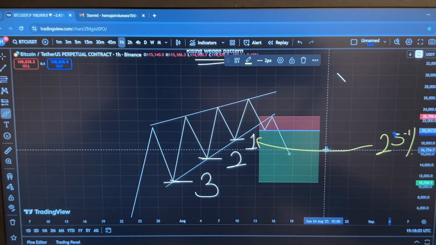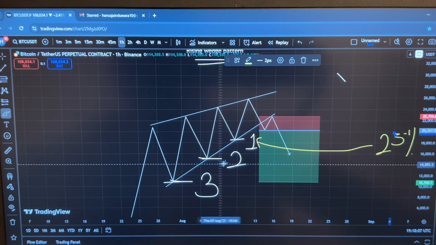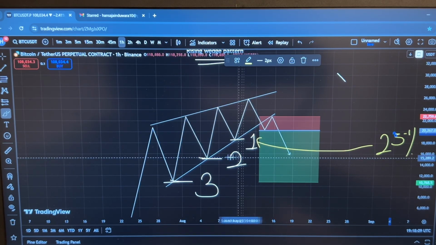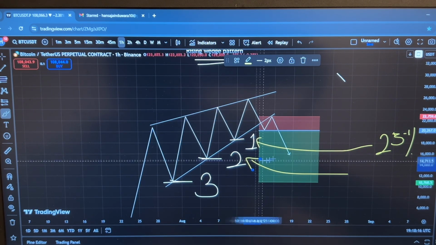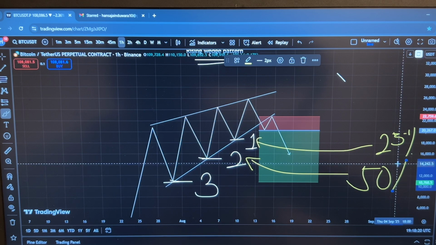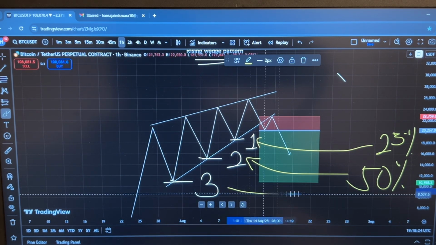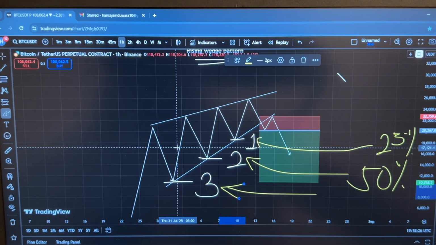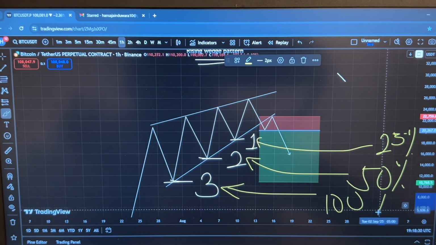So just book 25% of the profits from the number 1 level, and once it hunts this low, you're going to book from the initial TP, you're going to book 50% of that trade, and then when it goes and hunts this 3rd level, if there are only 3 levels, just go for 100%.